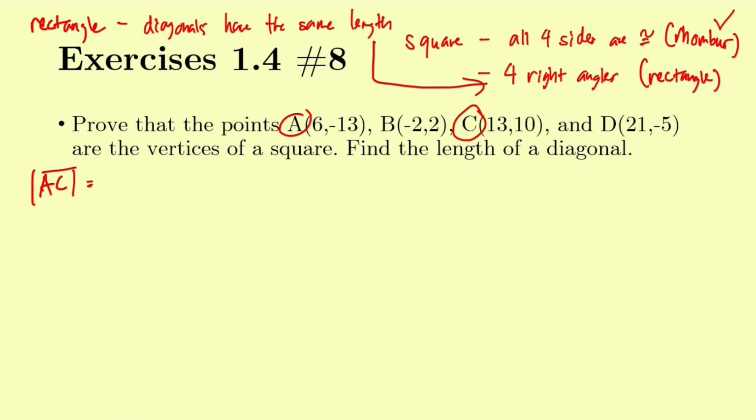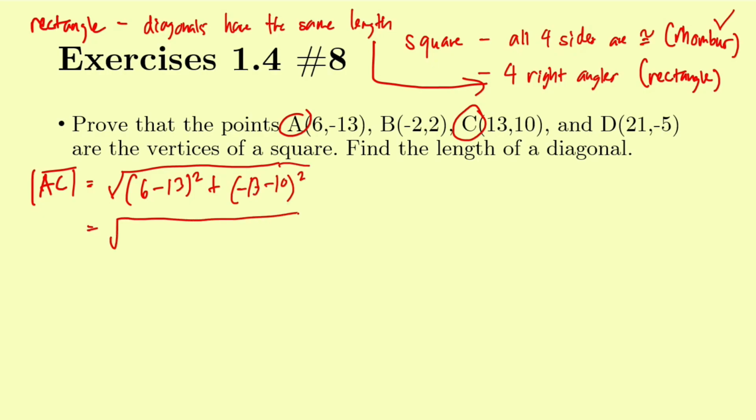So for AC, we use the distance formula, square root of 6 minus 13 squared plus negative 13 minus 10 squared, and that's equal to negative 7 squared plus negative 23 squared.